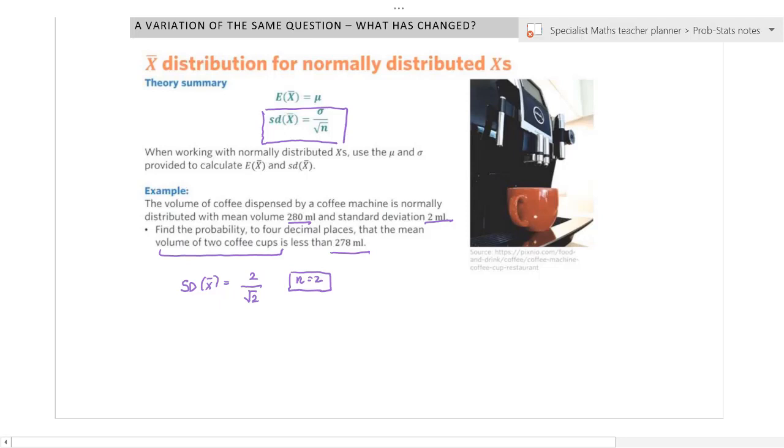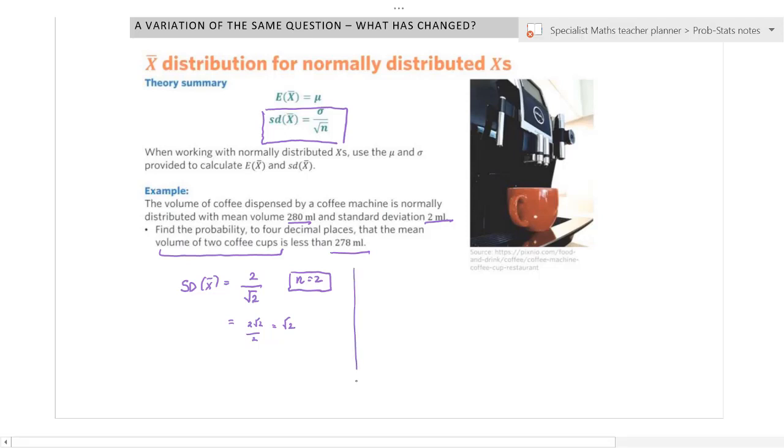So now I've got 2 over root 2, or if I multiply by root 2 over root 2, that's equal to root 2. That's quite nice, isn't it? Root 2. Okay, so we've got our standard deviation.